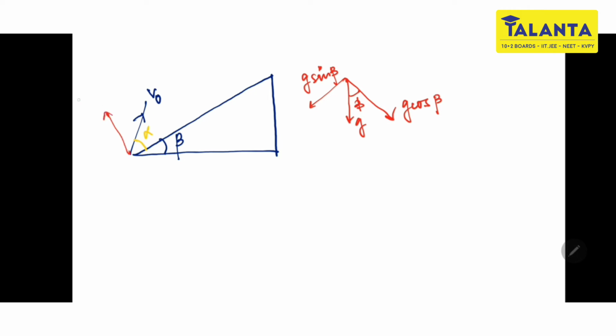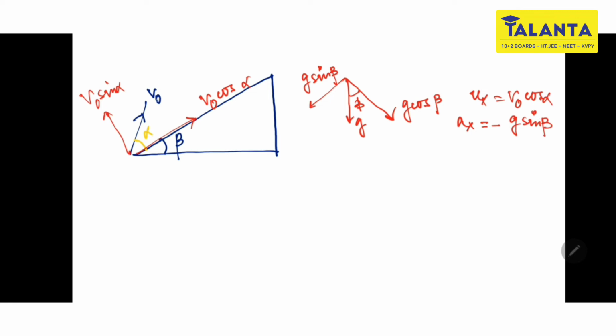Here the component is V0 sin alpha, and here the component is V0 cos alpha. So Ux equals V0 cos alpha and Ax equals minus g sin beta.